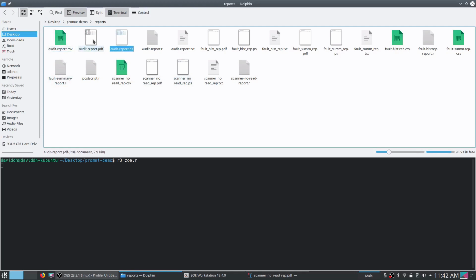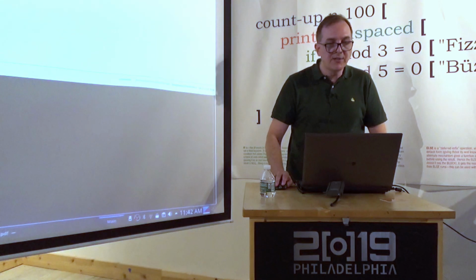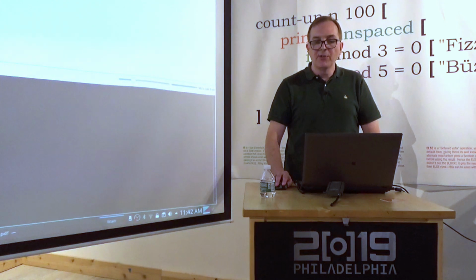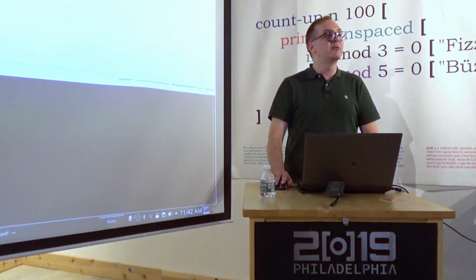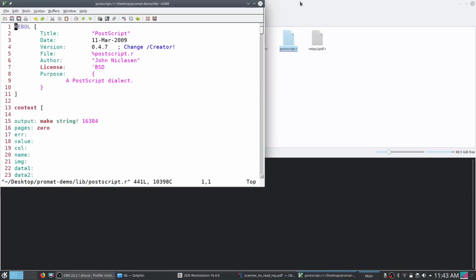So we have PostScript, PDF, and CSV files generated. And there's the actual Rebol report that's generated that builds that. And we're using, is it in here or is it in the library? We're actually using one of the community libraries to do the PDF generation. So that's a little bit of reporting.